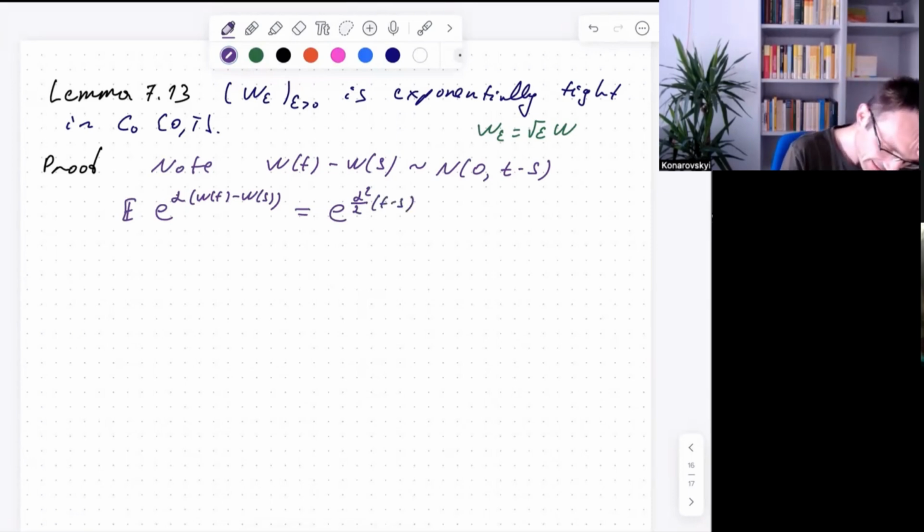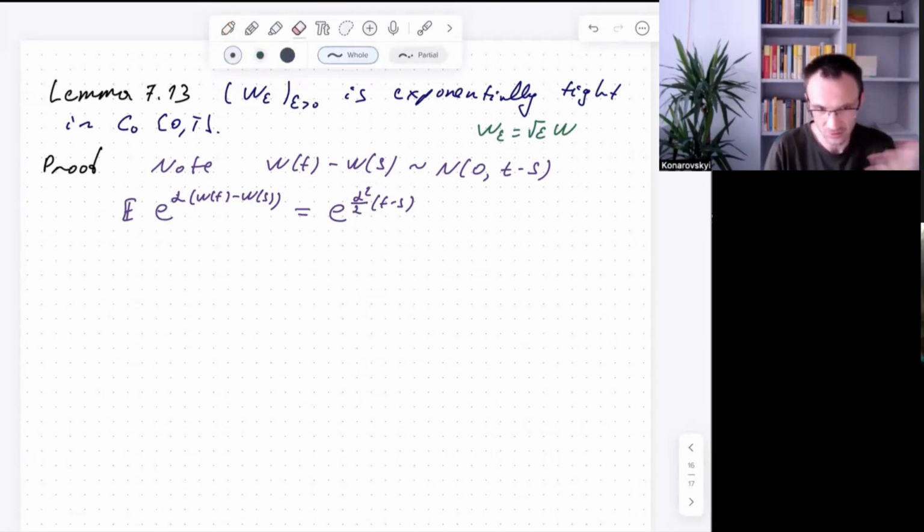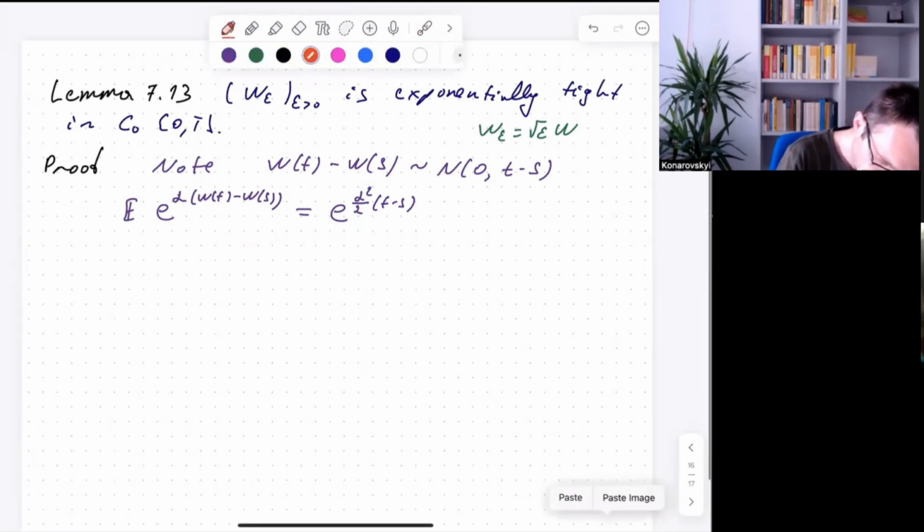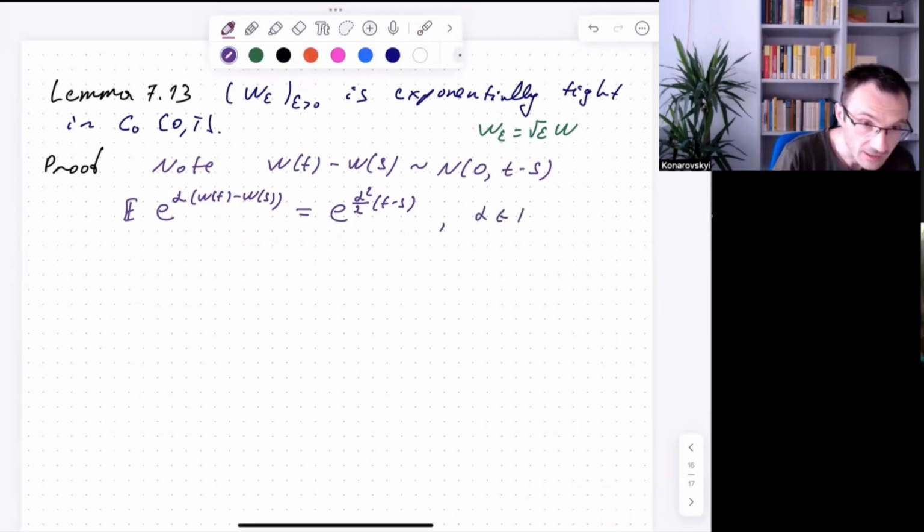If you had an i here, you would have a minus, because it is a characteristic function, but now you don't have the i, so you have no i squared. That is also a reason to believe that this formula is correct. This holds for every alpha in R, and for s less than t.